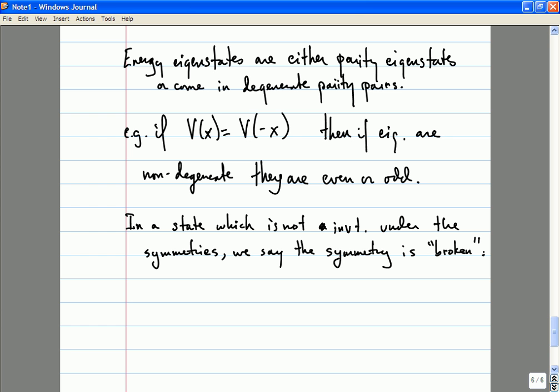So if you have a quantum system where the Hamiltonian has some symmetries, but the system is in a state which is not invariant under the symmetries, then you would say that the symmetry is broken. In the case of parity, the odd parity eigenstates would be ones where the parity symmetry is broken.